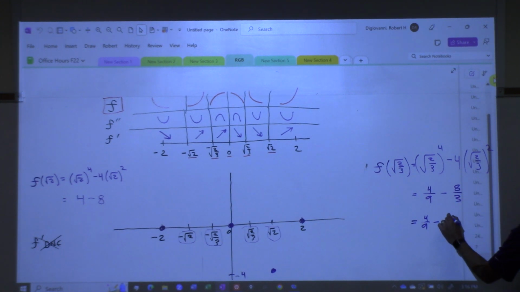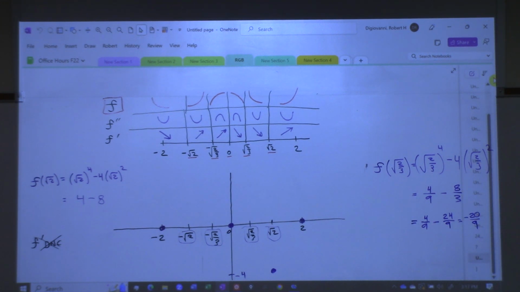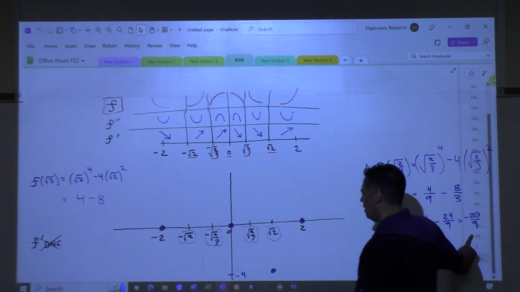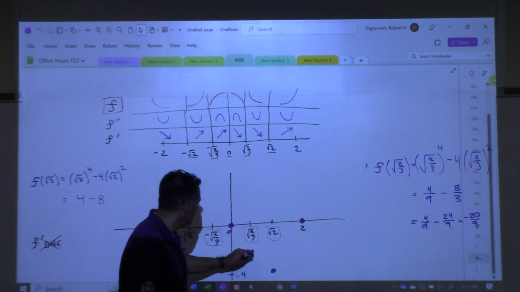Multiply top and bottom by 3, so 24 over 9. What does that turn out to be? Negative 20 over 9, which is about what, roughly? Oh, why did I put 3? Sorry, thank you. 9ths. What is that about? Negative 2 point something. Which means I'm about where? I don't know. We're just going to eyeball it. Right about there?